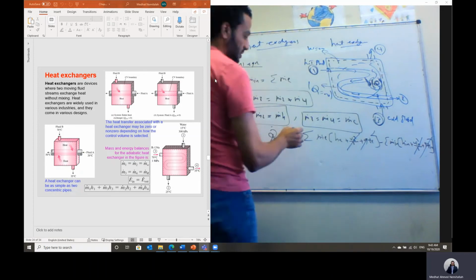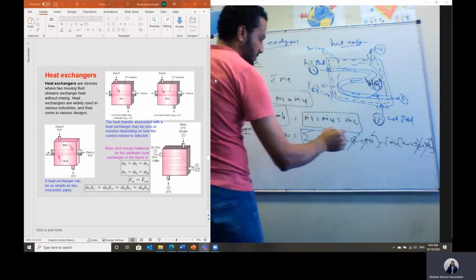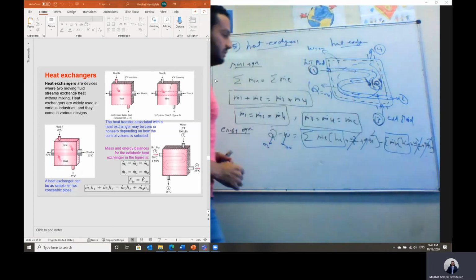Then we can say that the summation of m dot exit h exit will equal the summation of m dot inlet h inlet, similar to the mixing chamber.